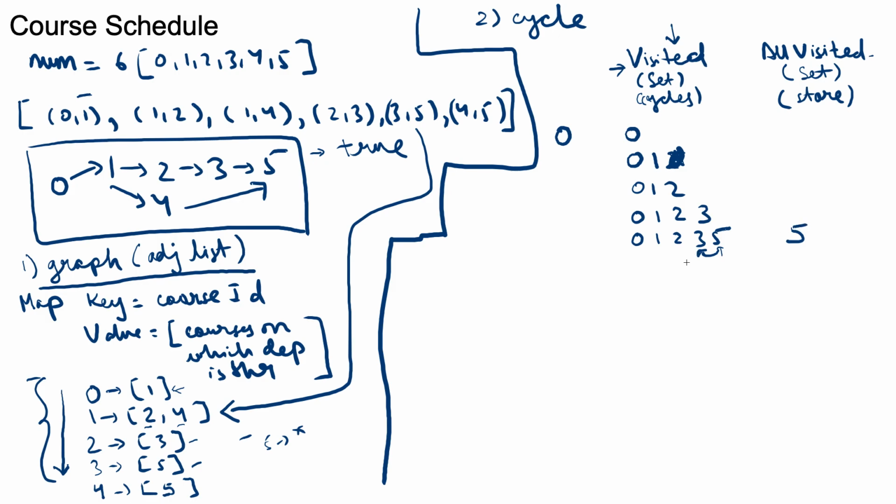Now we will continue our backtracking, because the third course has only a dependency on 5 and there are no siblings. So we will return the call from the third course to the second course. We'll come back, and now our control will be on the second course ID.